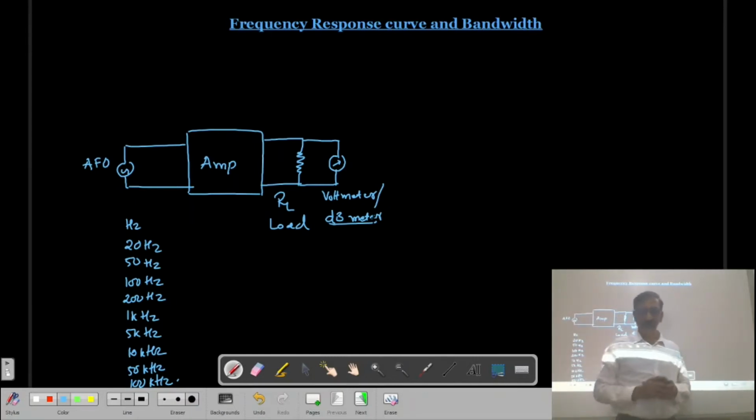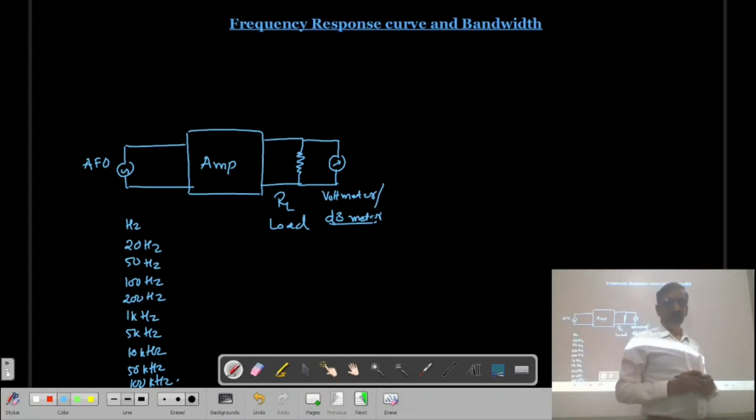power against frequency, that is known as the frequency response curve. But basically, to find this frequency response curve, the standard method is that you apply a mid frequency, and normally the mid frequency is 1 kilohertz.